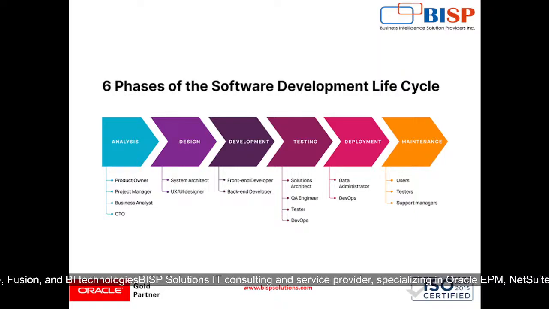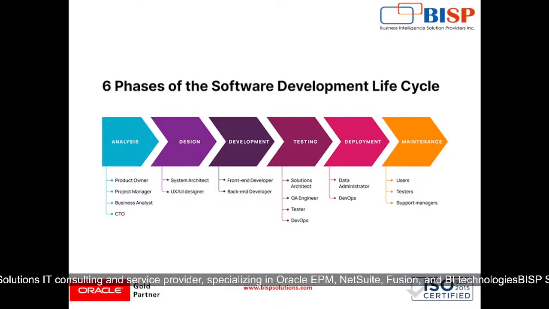The last phase is maintenance, which involves users, testers, and support managers. In the context of NetSuite, maintenance within the software development lifecycle typically occurs after the system has been fully implemented and is in the operational phase, which means maintenance ensures that the system remains functional, optimized, and aligned with changing business needs.